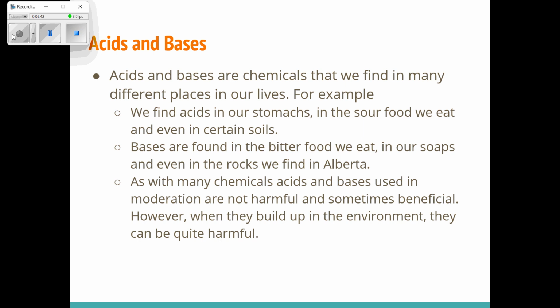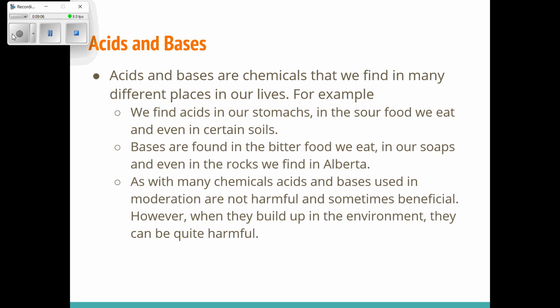Now let's take a closer look at acids and bases. Acids and bases are chemicals that we find in different places in our lives. For example, some of the foods that we eat are acidic or maybe basic. The acids in our stomach are also going to be very acidic. And anything that we eat that is sour would be acidic.